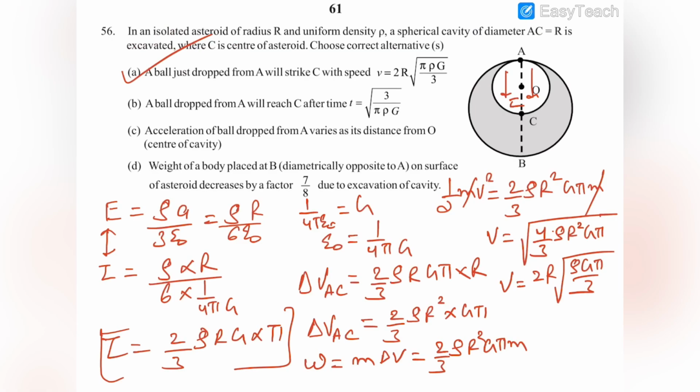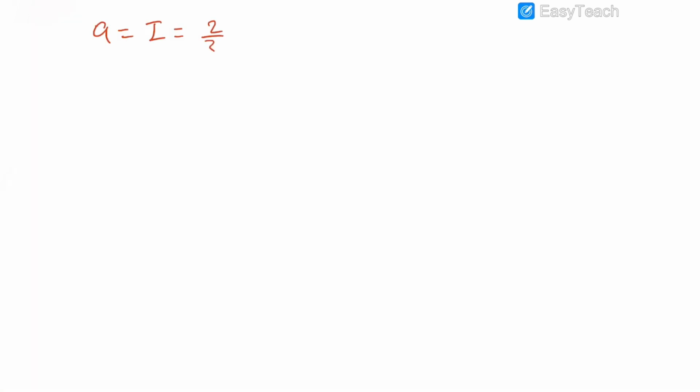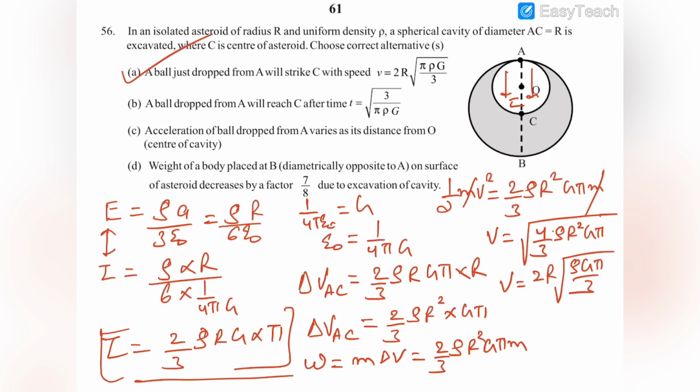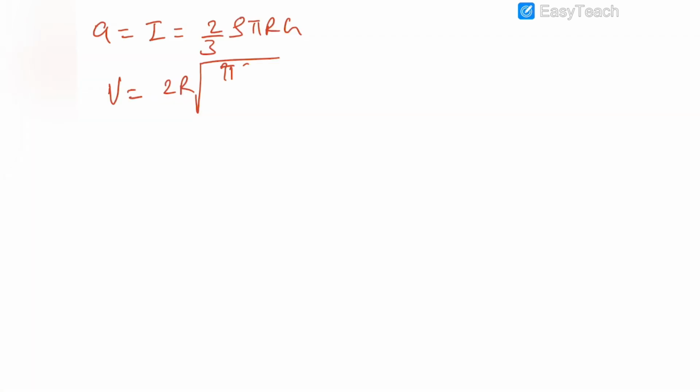We know that the acceleration of the ball is equal to I, which is the gravitational field intensity, and we have already calculated it as 2 by 3 rho pi r G. So this is A. Now we already know the velocity, which is 2r under root of pi rho G by 3, and the time taken by the ball will be v by a.